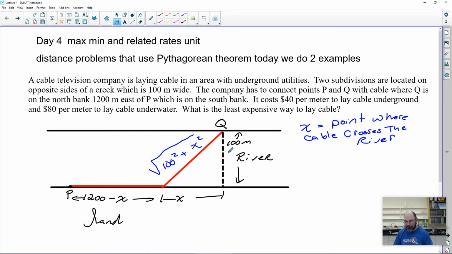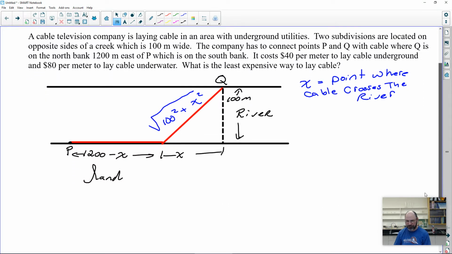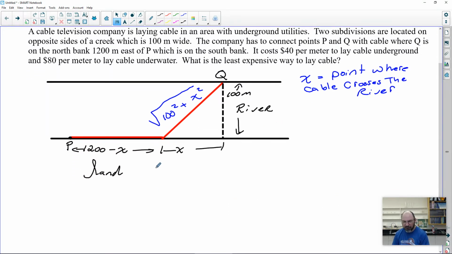So the cost then is what we're trying to minimize. So we have to write a cost equation. Let me just get my timer out here. There we go. So I know what time it is. So we're going to do a cost equation. Okay, so the cost of going underground is, where is it here? It costs $40 per meter to lay cable underground.